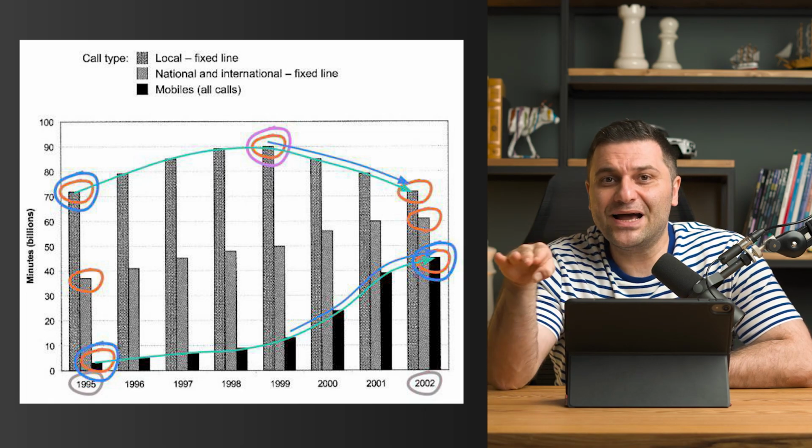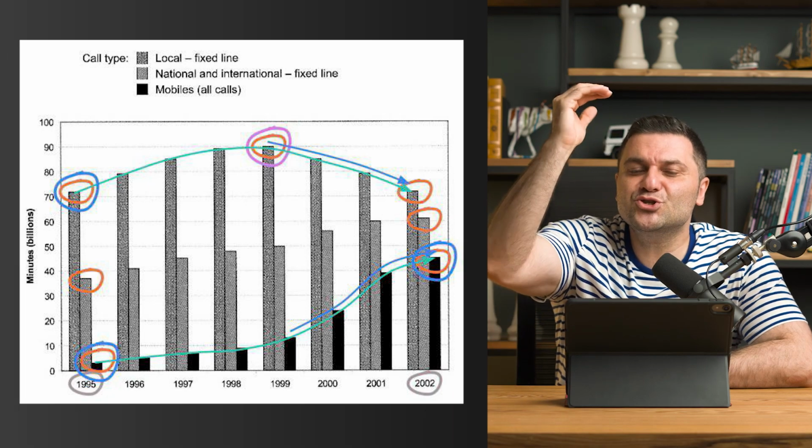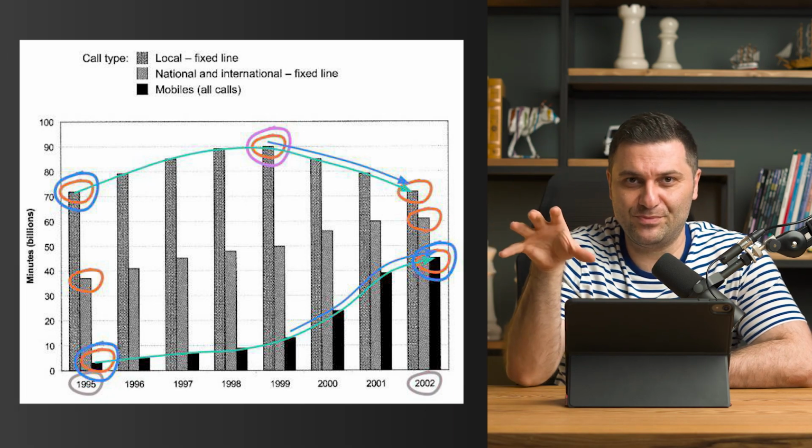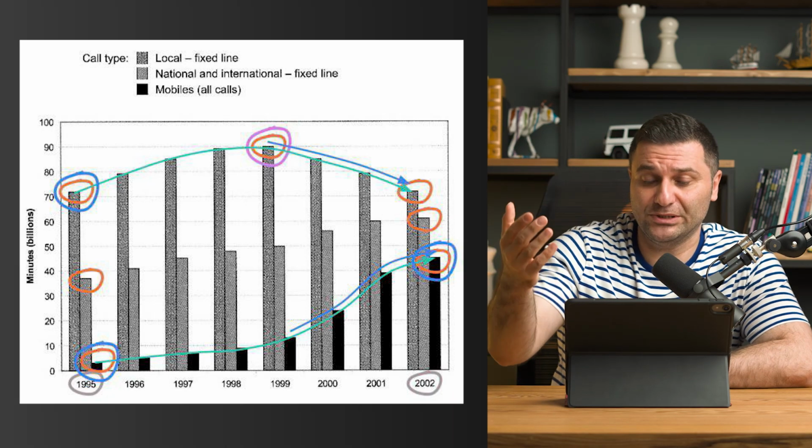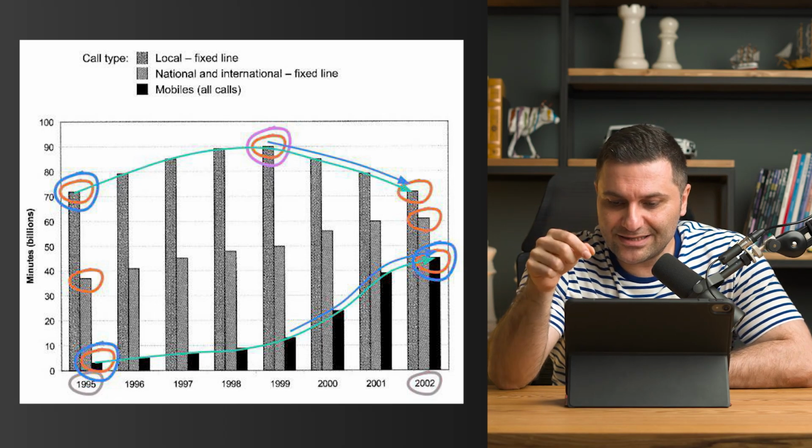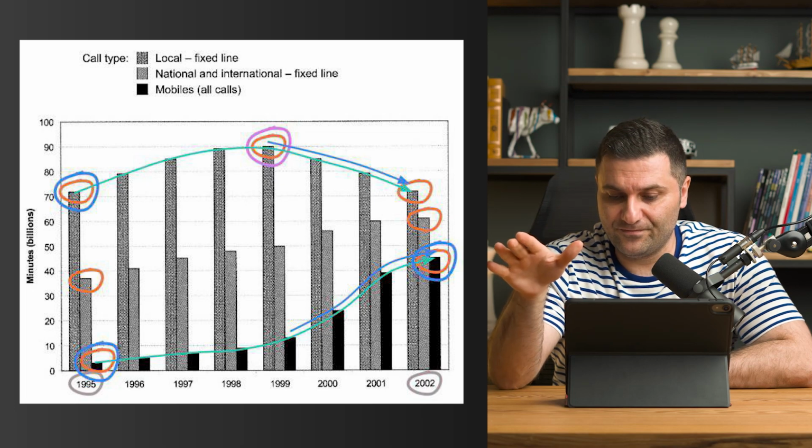Then throughout the period, the highest point, which reached a peak, is in 1999, local fixed line.